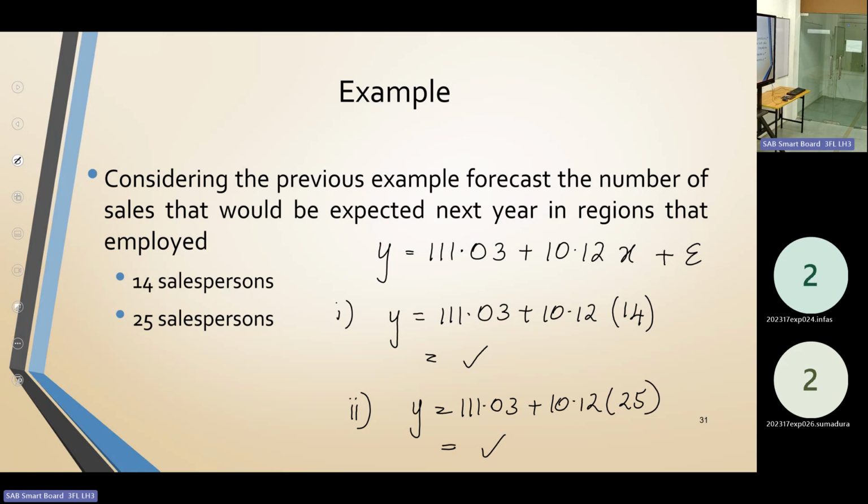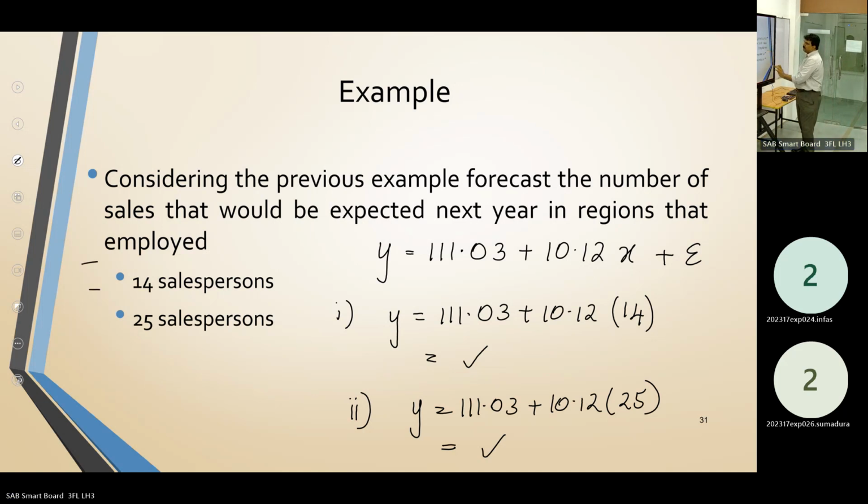So if you use 14 salespeople, your sales will be 252. How much are you sure of that value? The validity. Whenever you forecast, you should be able to say what your validity is.